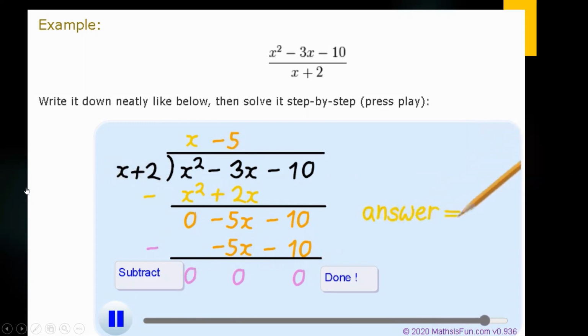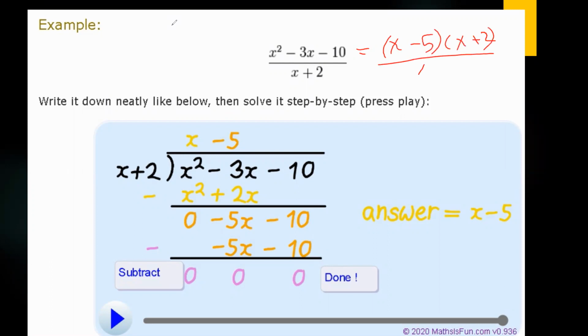In this case, you can solve it without dividing, just say this is x minus 5 times x plus 2 over x plus 2. By simplifying them, you will get the answer as x minus 5.